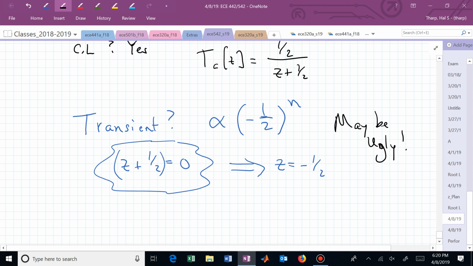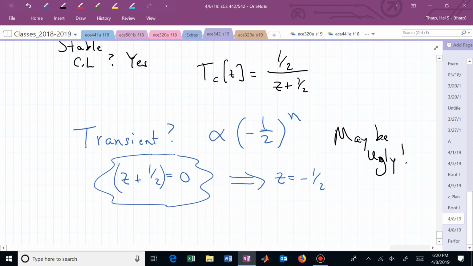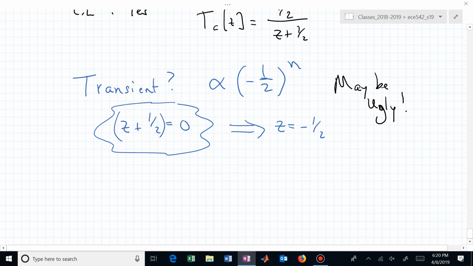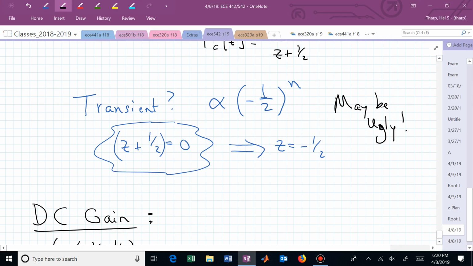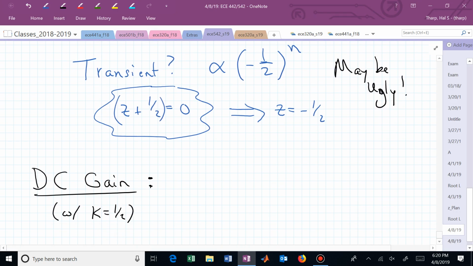What's the DC gain of our closed loop system with, let's say, K equal to 1/2? How do we find that? We just look at z equal to 1.